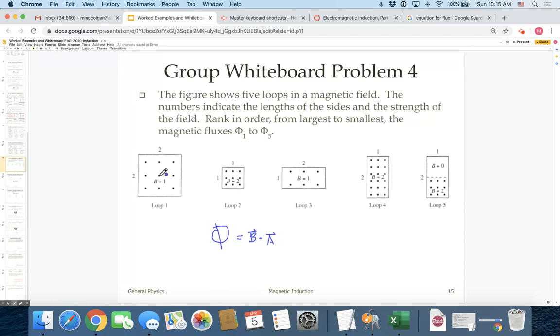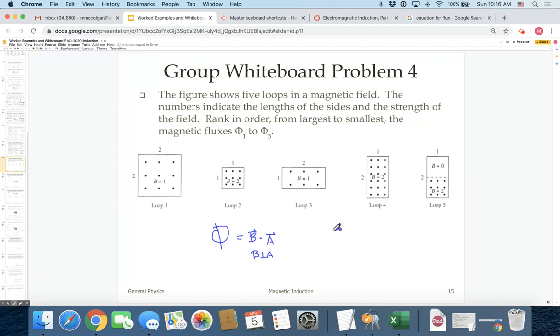And the normal to the surface is always perpendicular to the surface. So really what we're saying is B times the perpendicular component of A. In all these cases, the B field is coming directly out of the page, so it's exactly in line with the normal.